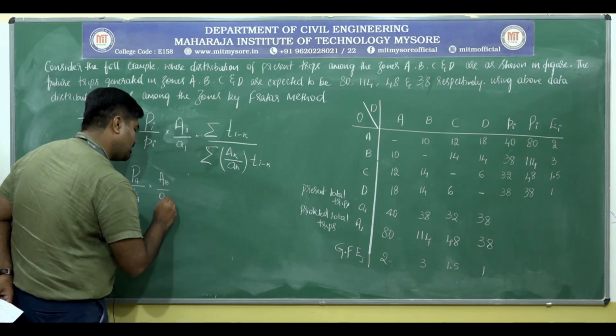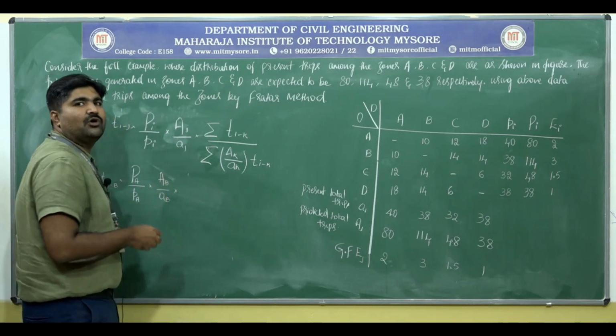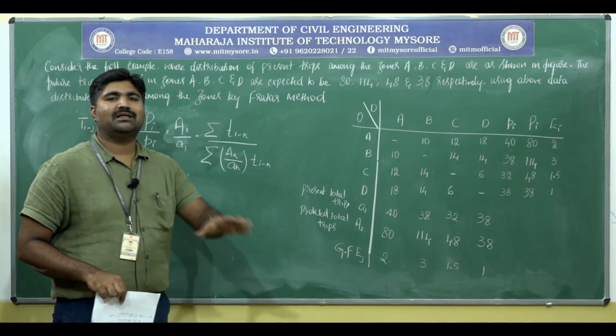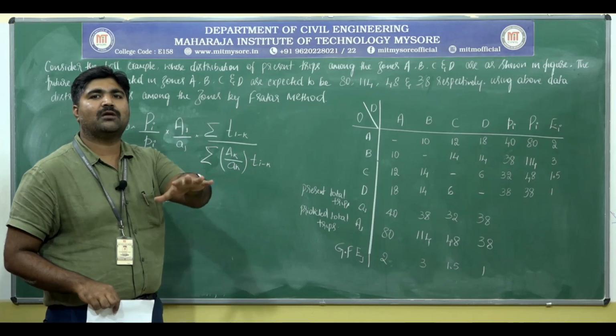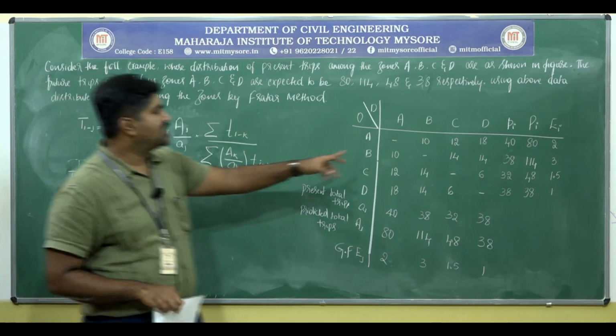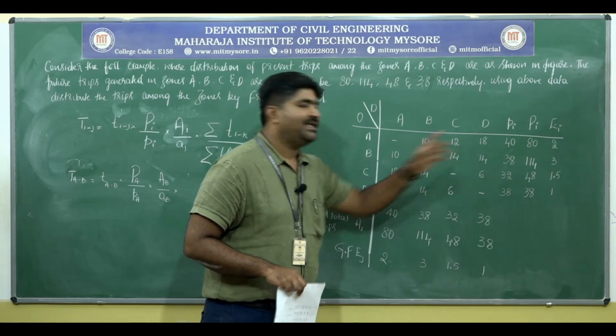Into the summation of total number of trips, that is T I to K, the total number of trips between the zones: 10 plus 12 plus 18.